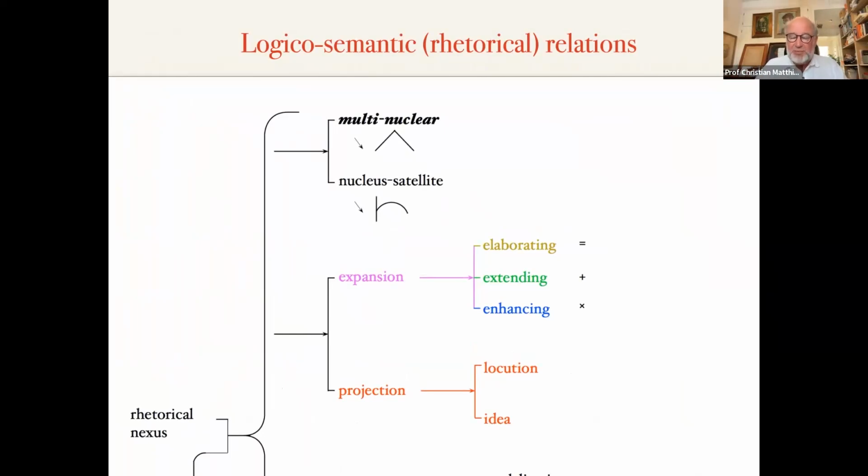So the text being expanded with a relation of elaborating, restatement, as illustrating, exemplifying, and so on, summarizing, extending, adding, contrasting, and so on, and enhancing, spatial, temporal, causal relations, circumstantial relations, enhancing a text segment by another text segment.